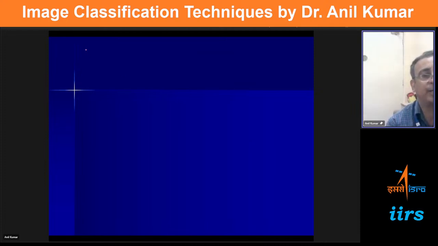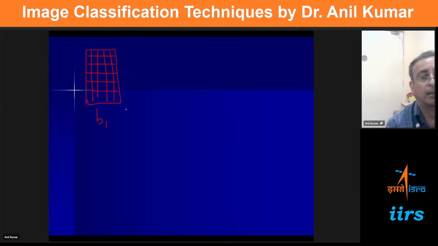If we have a two band image, again we have to understand the image as a matrix and vectors, so that we can understand the processing of this unsupervised classification. So this is your band 1 and this is your band 2.